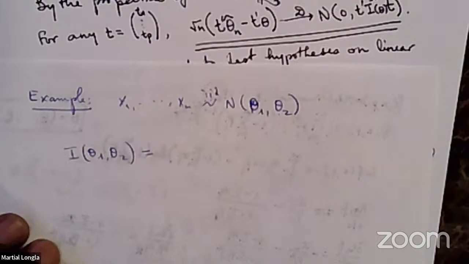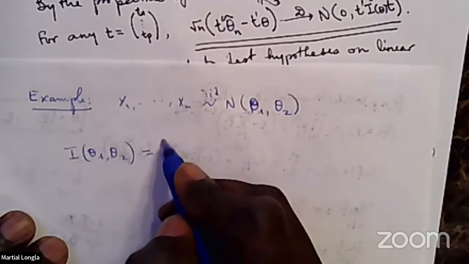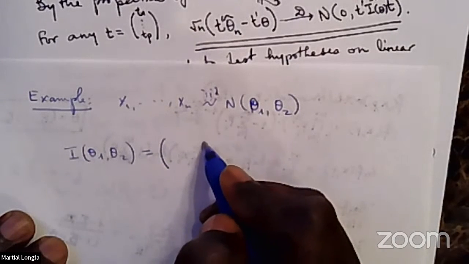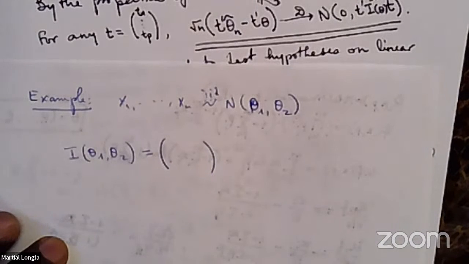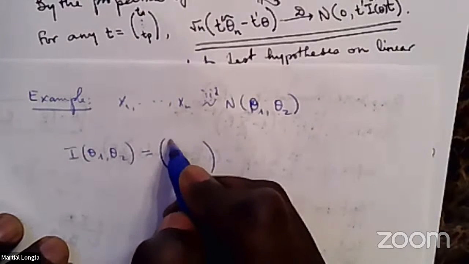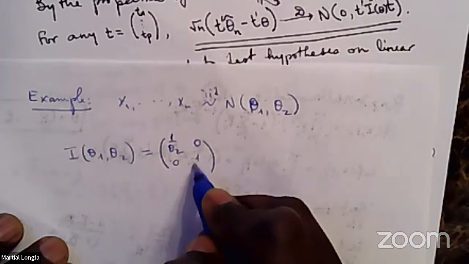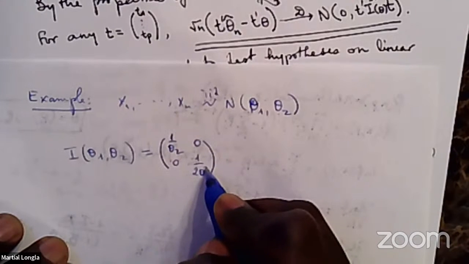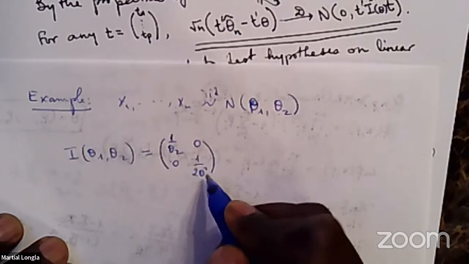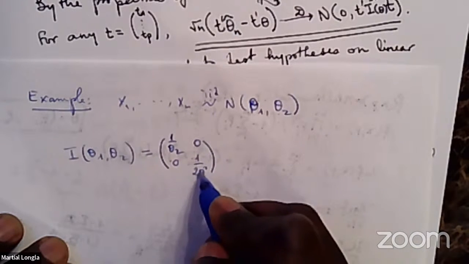What was the Fisher information we found here? One over theta 2, 0, 0, 1 over 2 theta 2 squared. Oh, sorry.